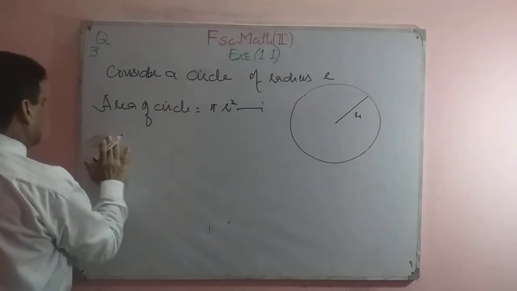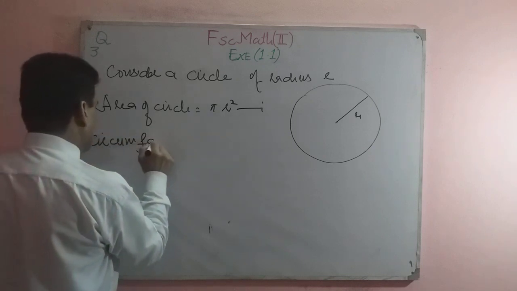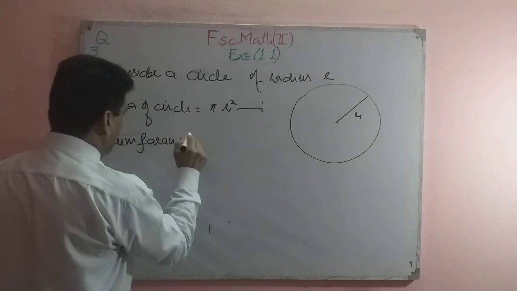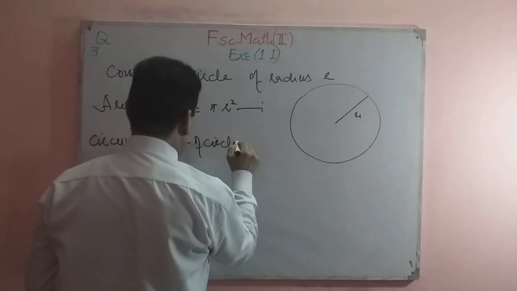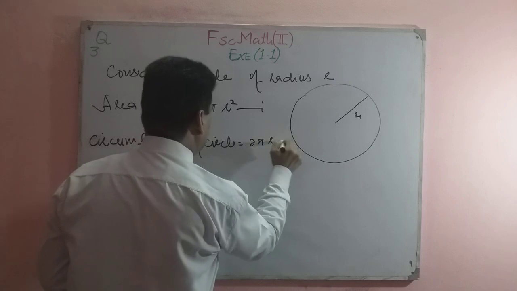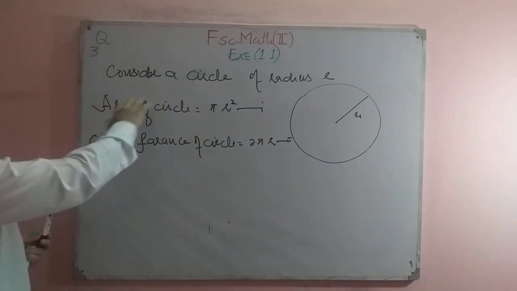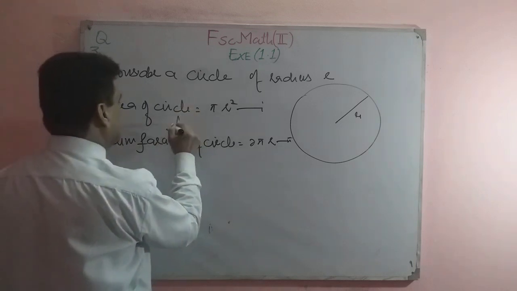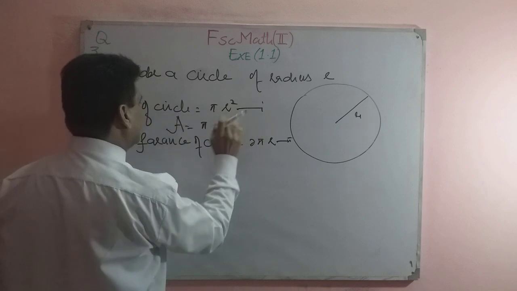The circumference of the circle is equal to 2 pi r. This is relation 2. We have to show that the area of the circle, A, is equal to pi r squared.